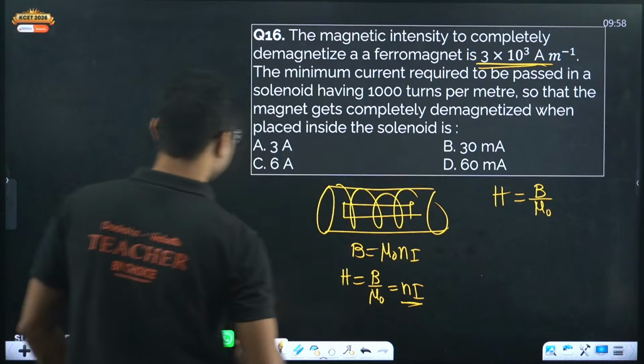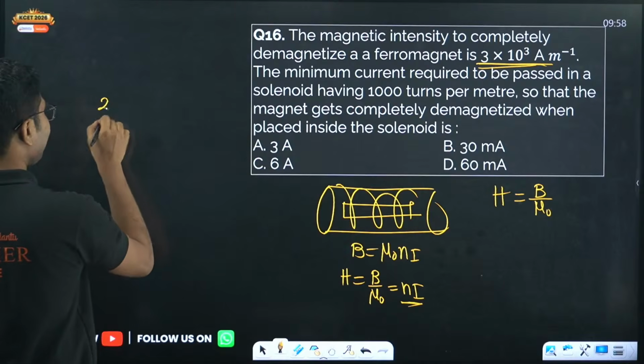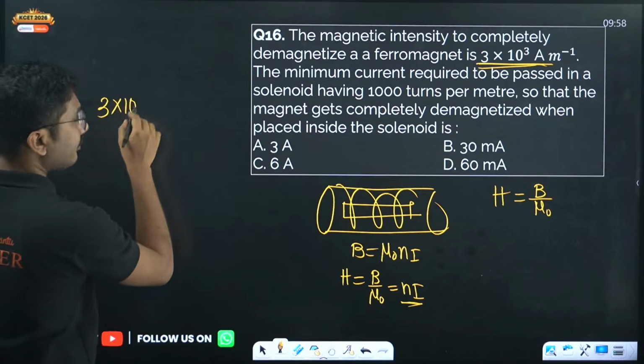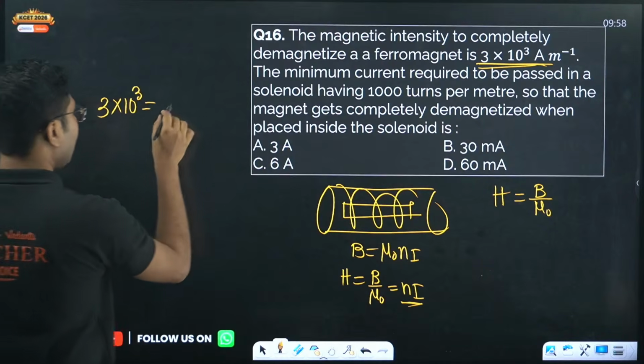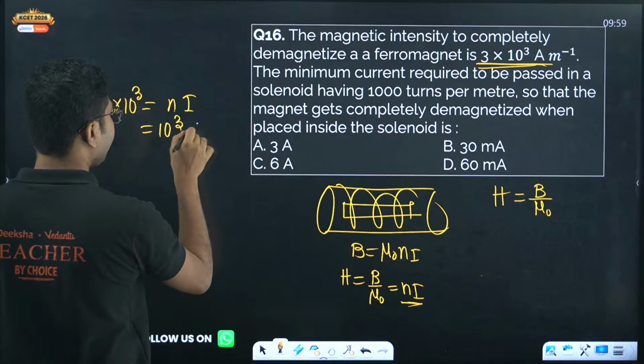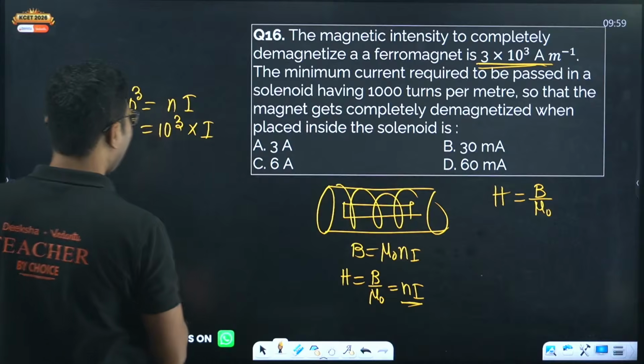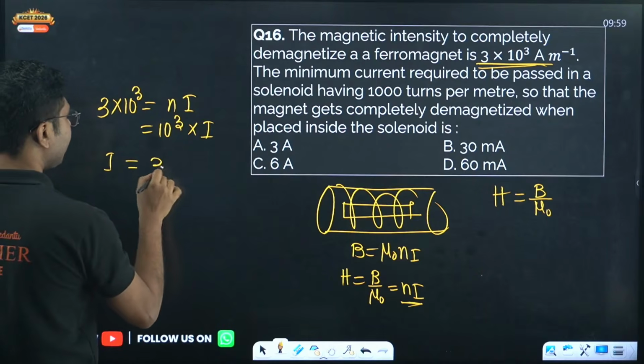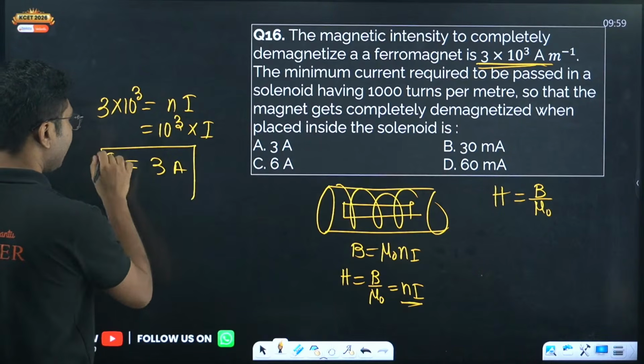You just need to find the current. So H is 3 into 10 to the power of 3, equal to N into I. N is 1000, that is 10 to the power of 3. We are trying to find I, so I will be equal to 3 ampere.